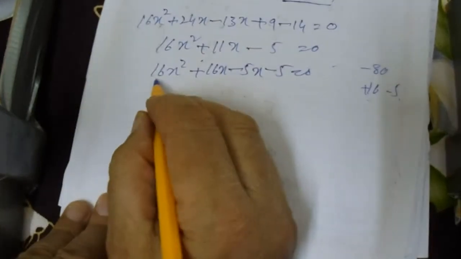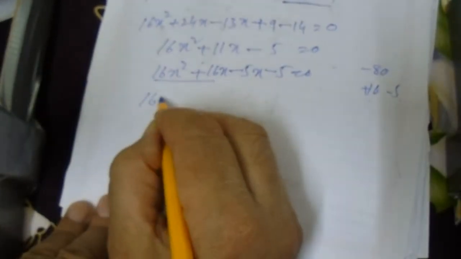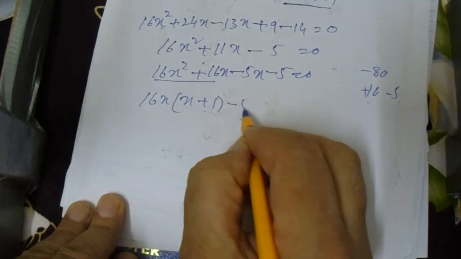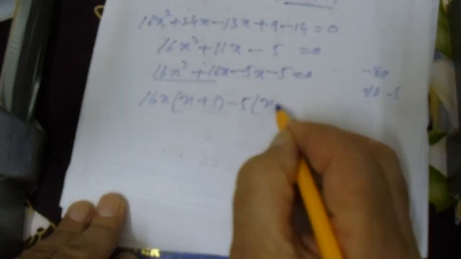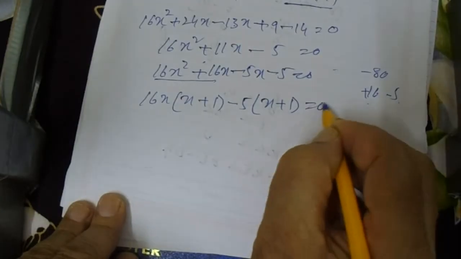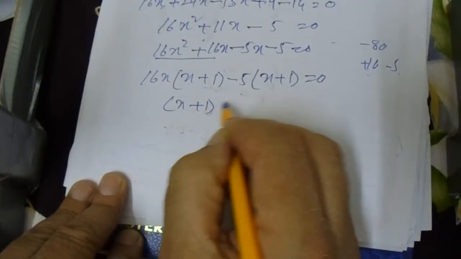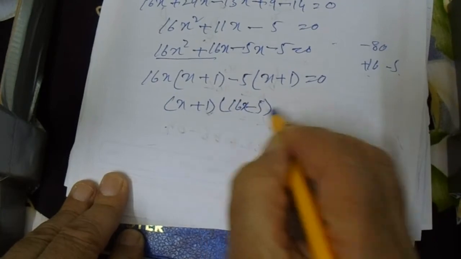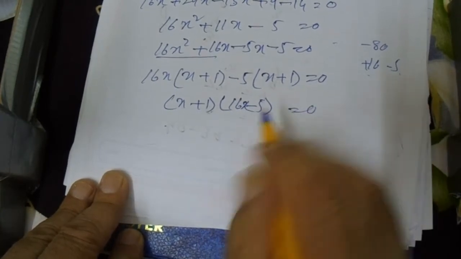We take the common 16x: 16x into x plus 1, and here minus 5 we take common, x plus 1 is equal to 0. Now x plus 1 and 16x minus 5 is equal to 0.